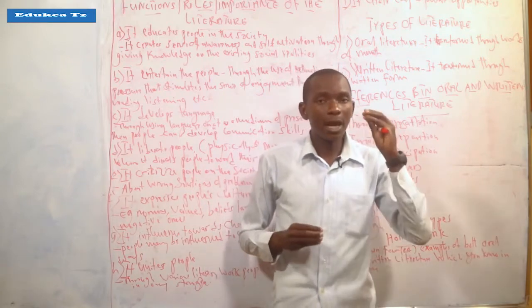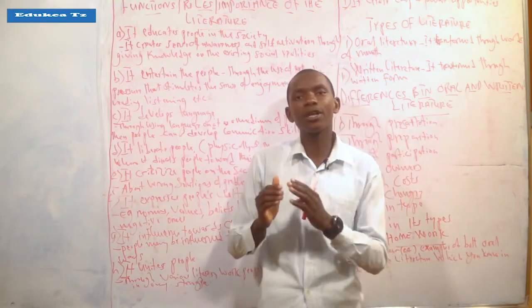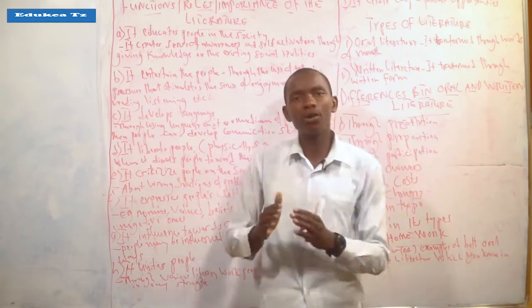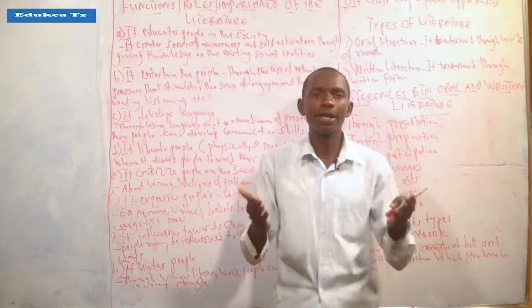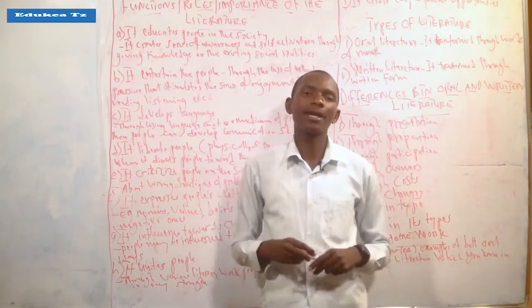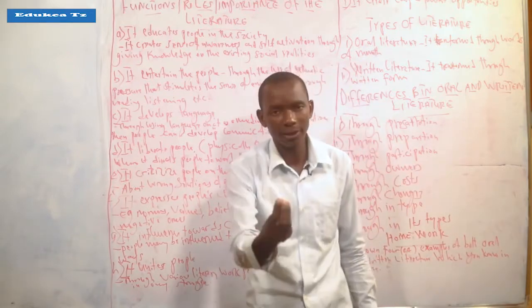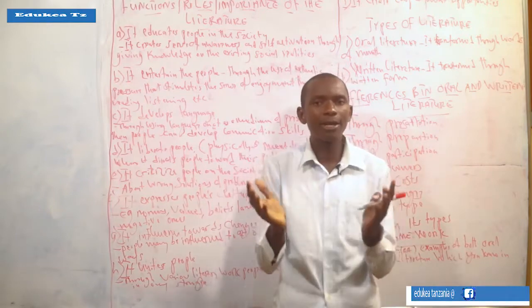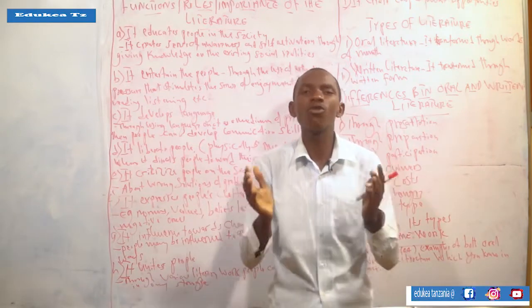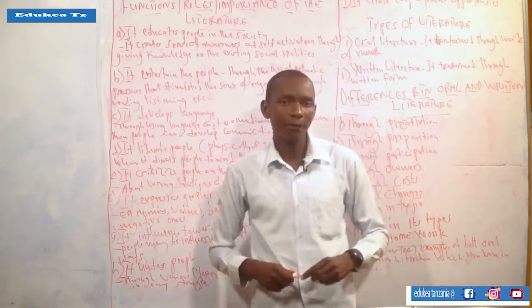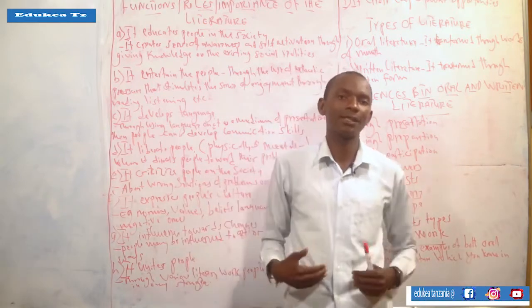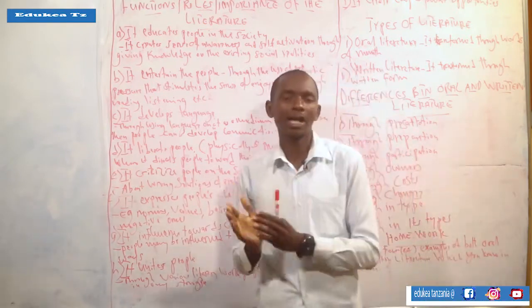They can remove their ignorance after reading, listening to, or watching any kind of literary work. After reading, they can get knowledge about something. They can get knowledge of how to solve the problems which appear in their daily life. That makes us say that literature educates the society.